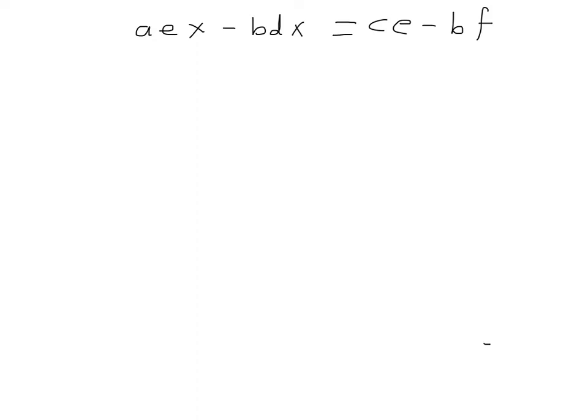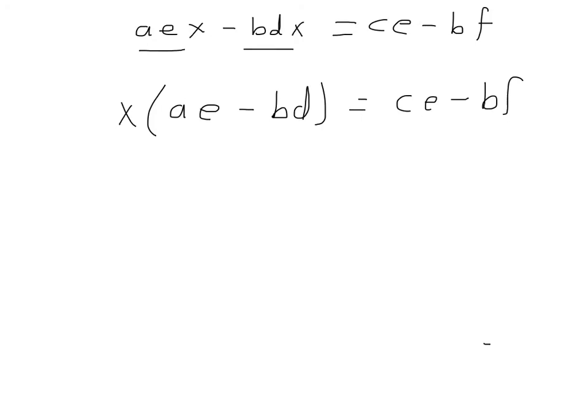We have x in the two terms on the left-hand side of this equation, so we can factor x out. So we have x times ae minus bd, and if we divide both sides of the equation by ae minus bd, we will have solved for x, which is what we wanted to do.